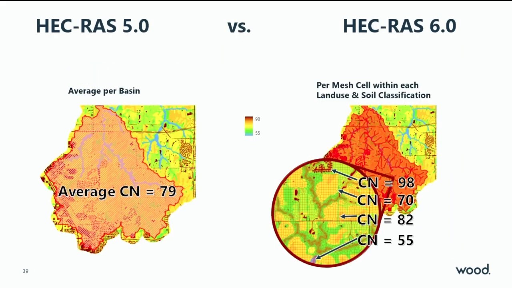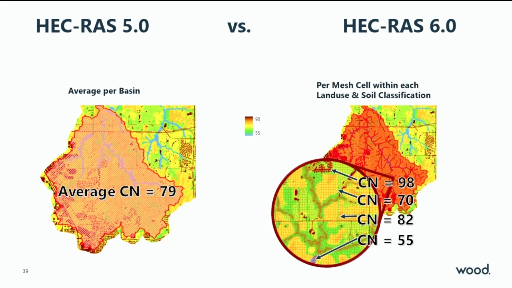And whoa, Nelly, what a difference RAS 6 is from RAS 5. We've been developing 2D models for the last 4 years, since 2016 funding for CTPs. And in doing that, we have been using average curve numbers across whole watersheds.